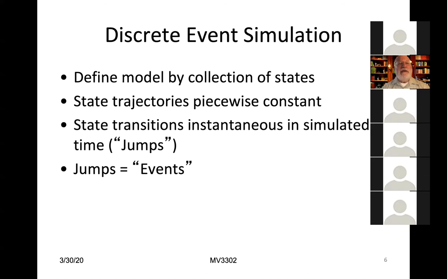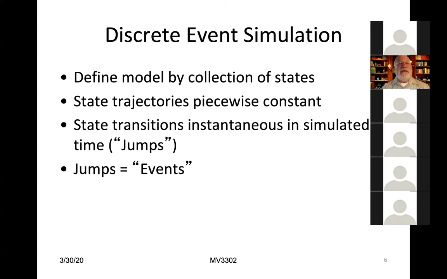Okay, a discrete event simulation is defined by a collection of states. And for now, we'll leave state as an intuitive, undefined type of thing. But a state trajectory must be piecewise constant.